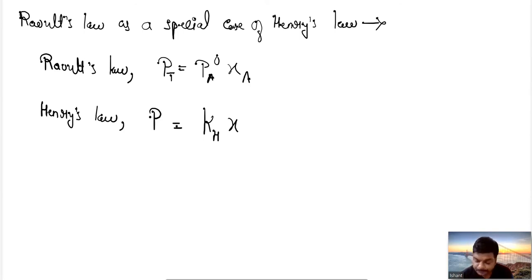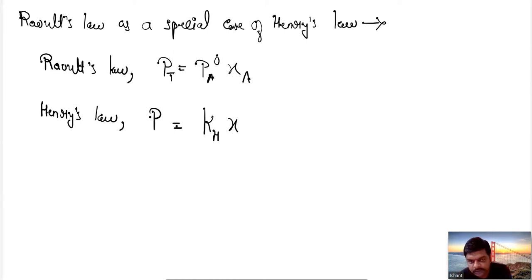Now, if I do a comparison between the equation of Raoult's law and this one, we will see that the partial pressure of the volatile component or gas is directly proportional to its mole fraction in both the conditions. In the first condition also, A is the solute and X_A is the mole fraction of that solute, which is a volatile gas here.